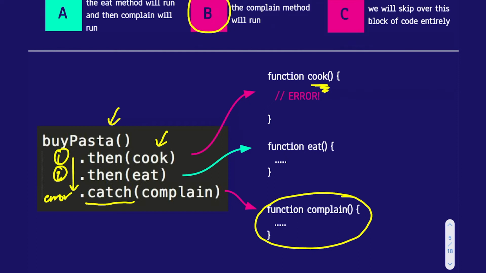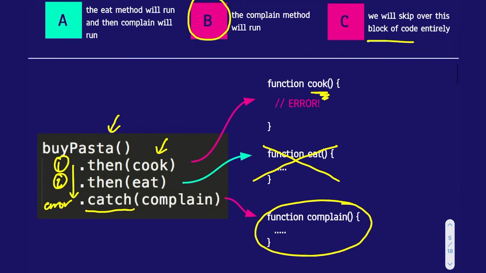So we're not going to run the eat function because we had that error, and we're not going to skip over this block of code because we have that catch. It's kind of like a catch-all. If we have an error either in the buy pasta or the cook or the eat function, we're going to catch that and we're going to run complain. All right.